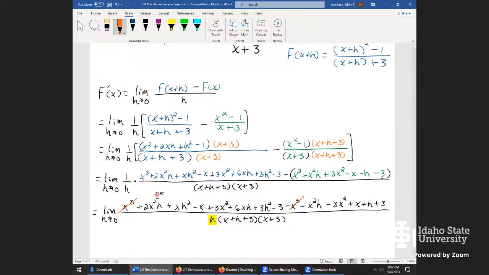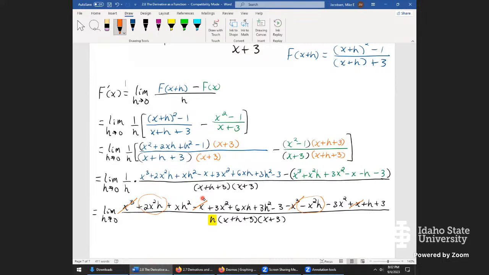2x squared h. Let's see if it cancels. I don't see anything, but what I do see is that this has a like term, negative x squared h. So they don't cancel, they combine. x h squared, I don't see anything, but that's okay. It has h, it doesn't have to cancel. This one at negative x does go away.